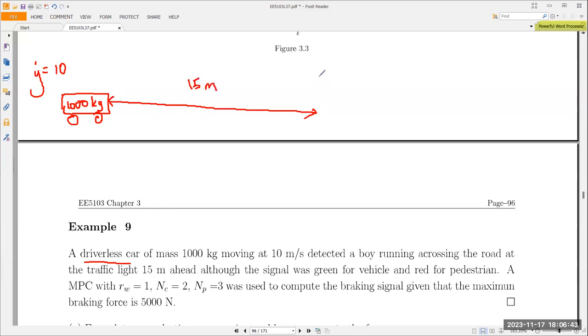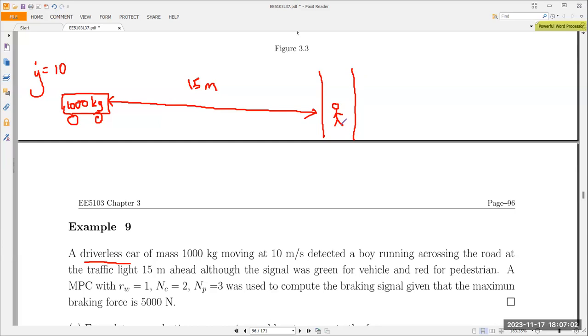So there's a boy at a traffic light. He's running. And the car is under MPC control.